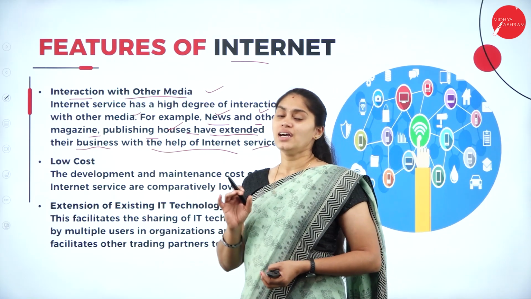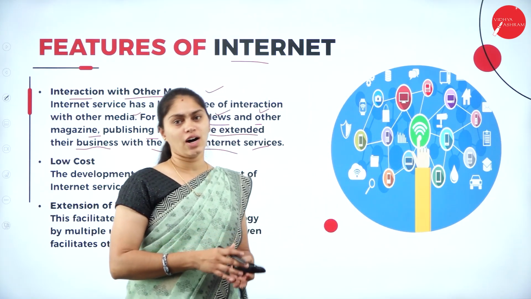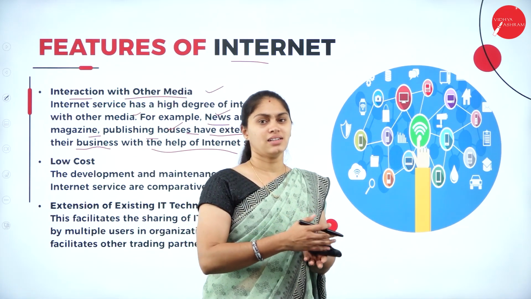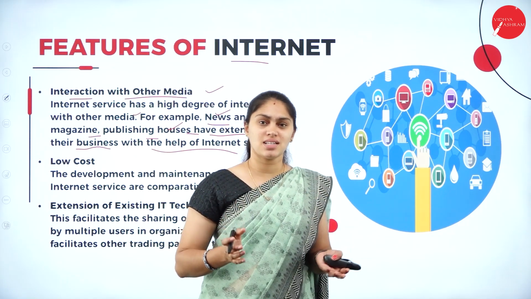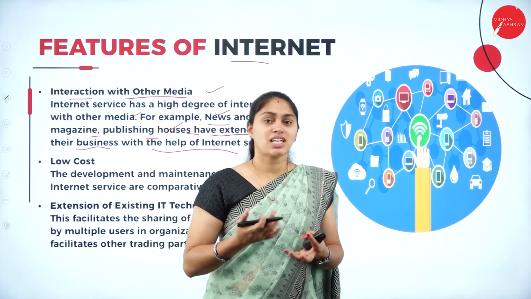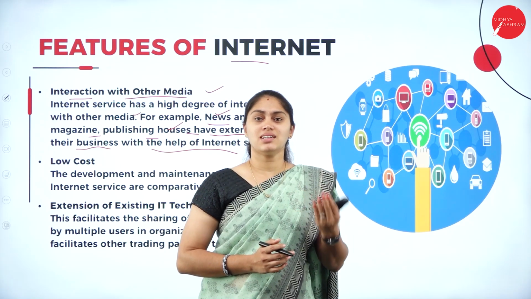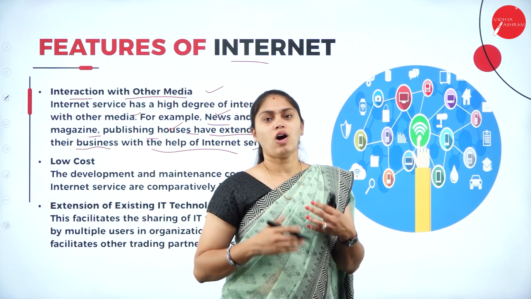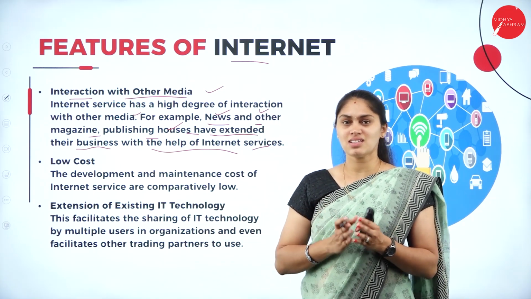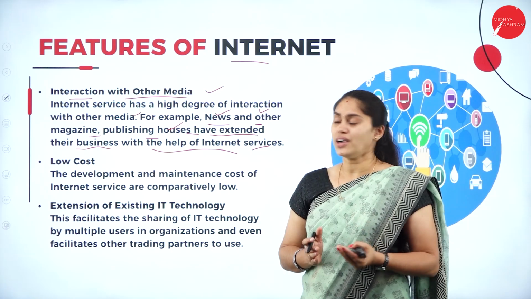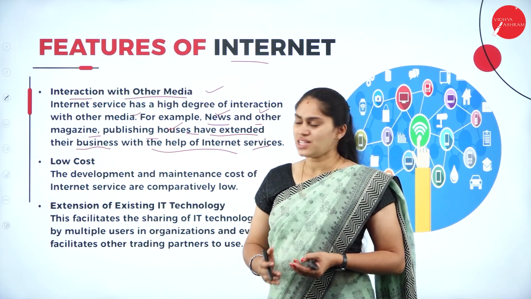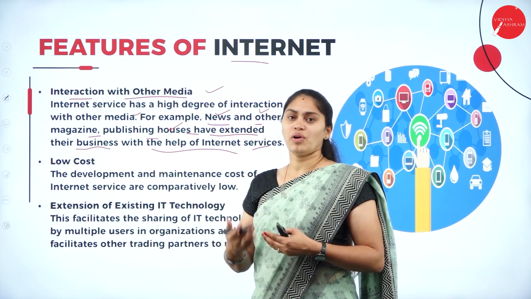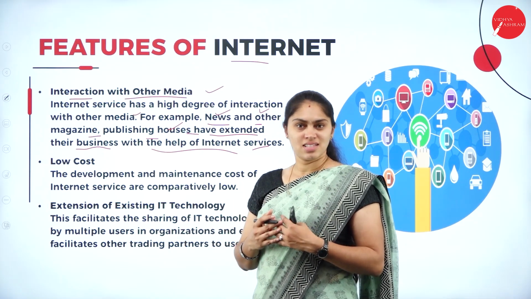If you have a popular shop near your house, it may be popular only within that particular area or branch, but if it is exposed to the internet, the service will reach more people. You can take the example of Myntra, Meesho and others. All those are providing their services all over the world, correct? That is what makes interaction with other media one of the best features of the internet. It makes a business more efficient by distributing its network.